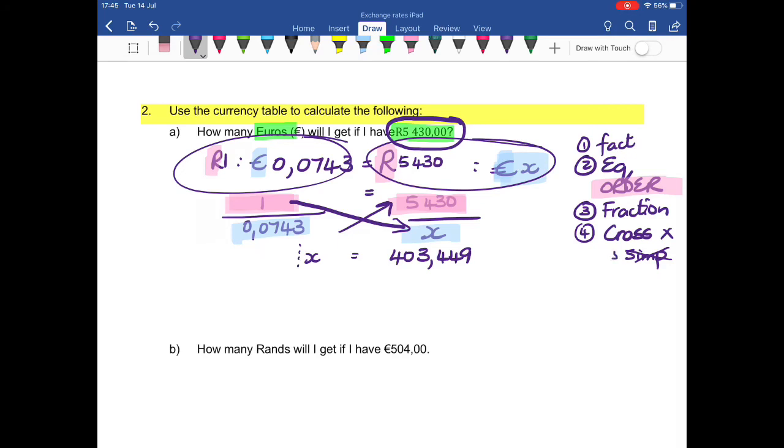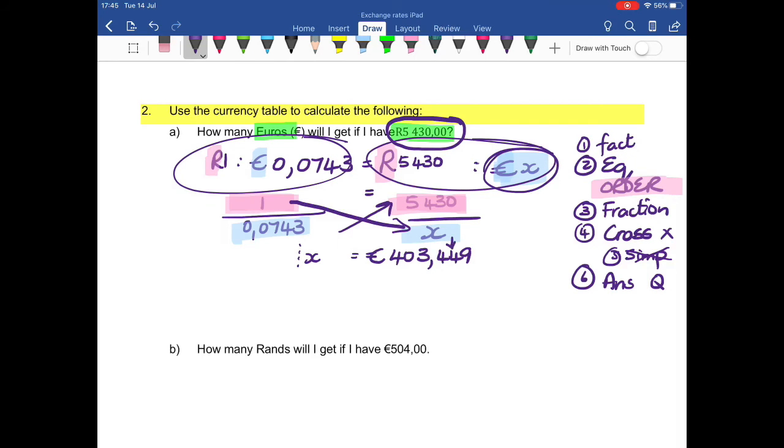And the next thing, so that was number 5. It only happens sometimes. Number 6, you answer the question. So you answer the question, which is how many euros, and I know that that was euros, so I'm going to put my euros.